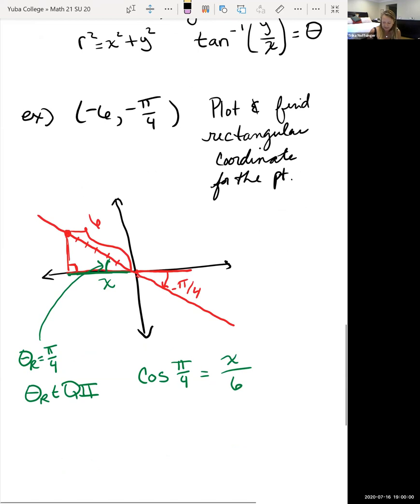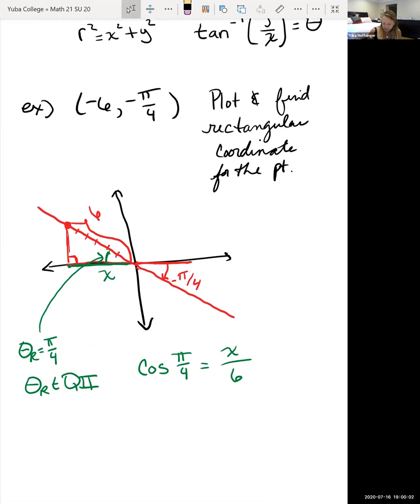Multiply both sides by 6, we get x equals 6 cosine of pi fourths. It's negative because we're in quadrant 2 and x is negative there. So this is going to give me cosine of pi fourths is negative root 2 over 2.